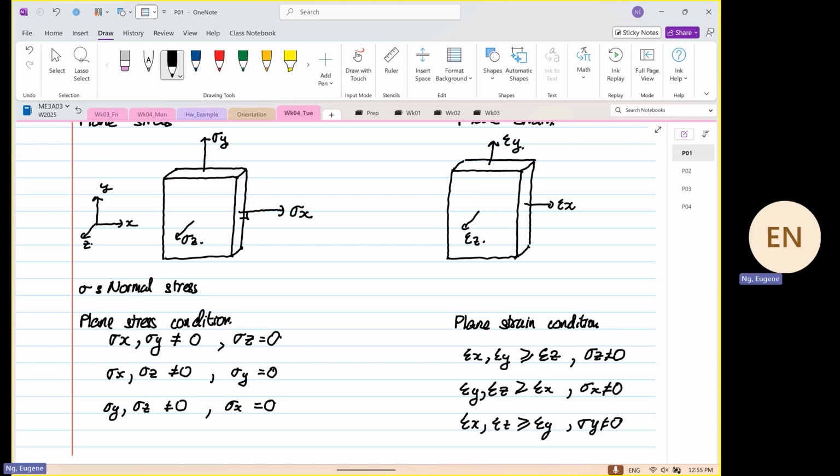And if we were to call this X and Y, these will measure what direction? X direction. And then if we do a vertical direction, this is known as our stress in what?